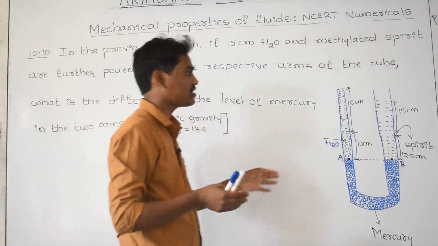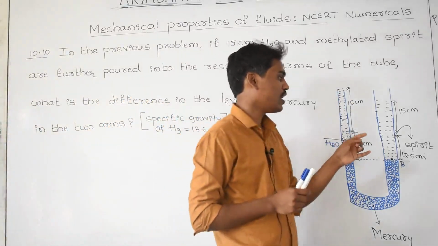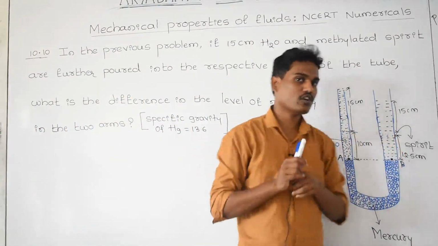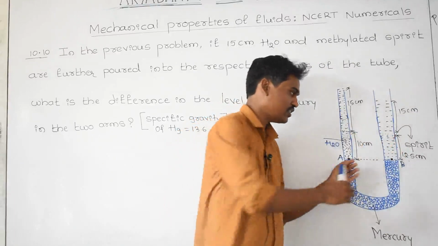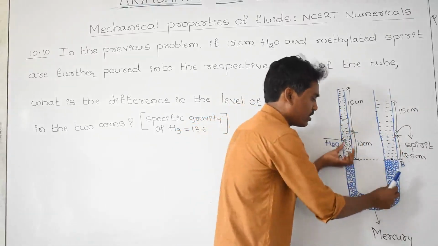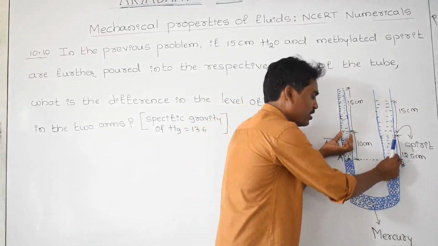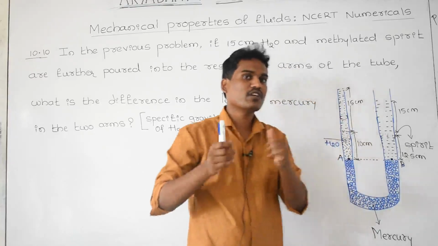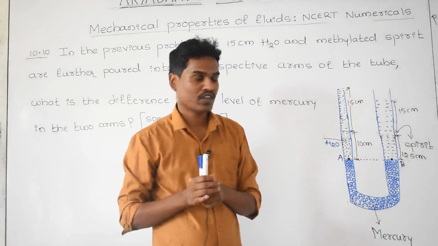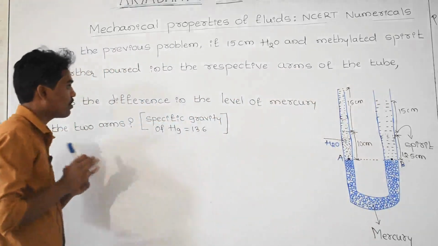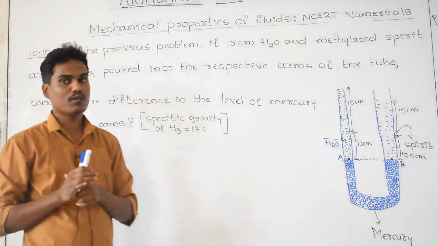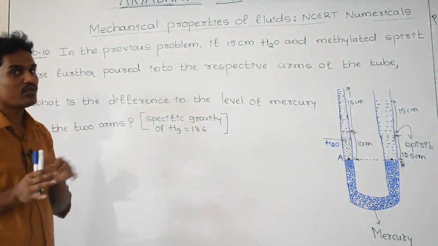After adding the extra water into this arm and extra spirit into this arm, you are going to observe the difference in the levels of mercury, rising of the level here and falling of the mercury here, and the level of the mercury does not become the same. That difference on both arms you need to find out.